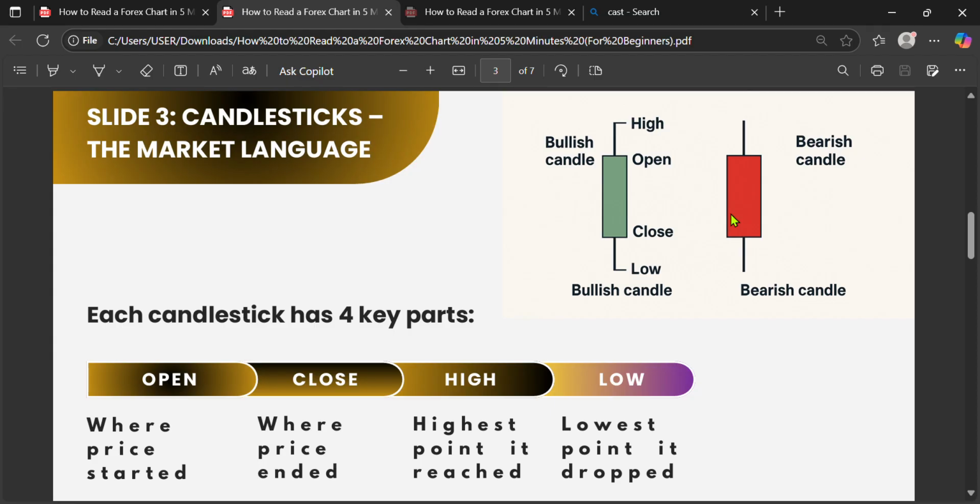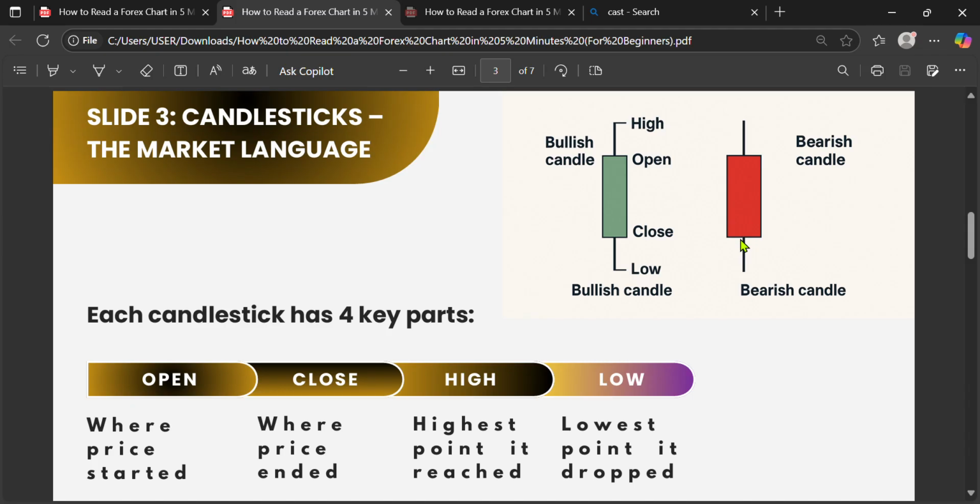The open price is the beginning price of the candle, where the market opened from. As I've said, the green candle, which is a bullish candle, opens from below and closes at the top, while the bearish candle opens from the top and closes below.